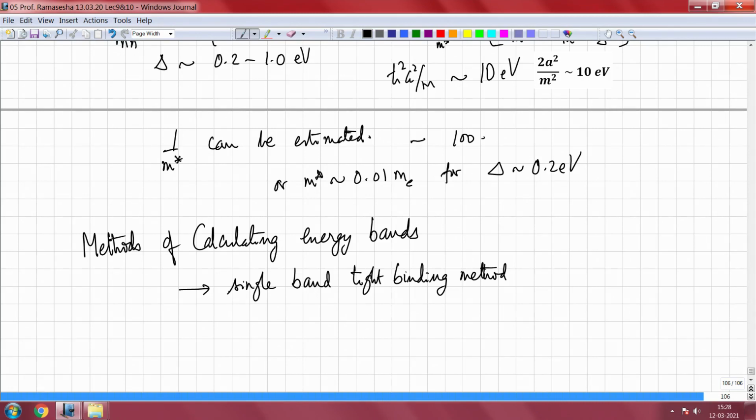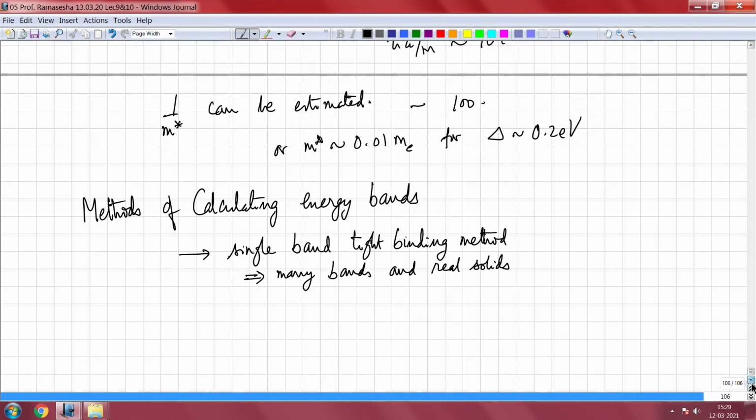This one will generalize to many bands and real solids, and see how the energy band dispersion varies when you go from one solid to the other.